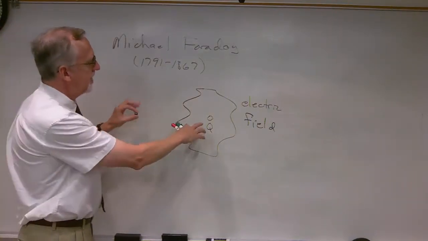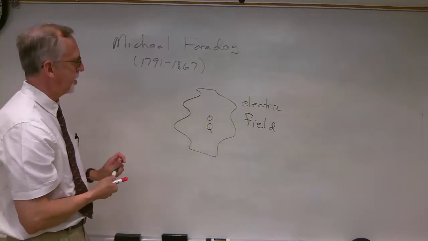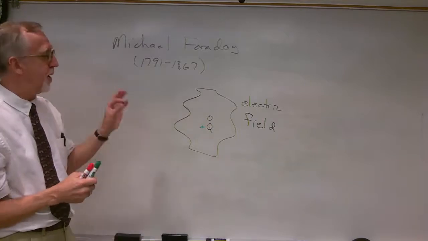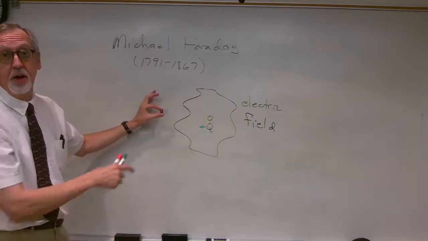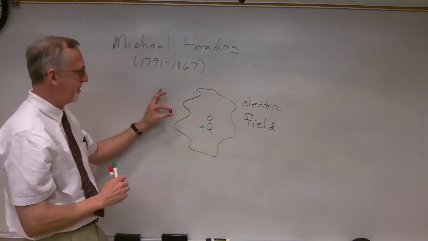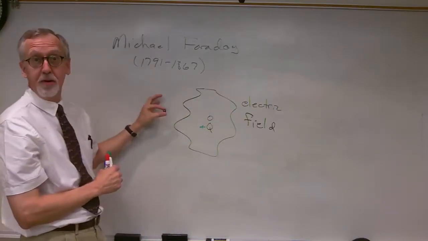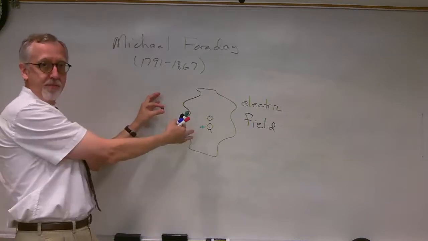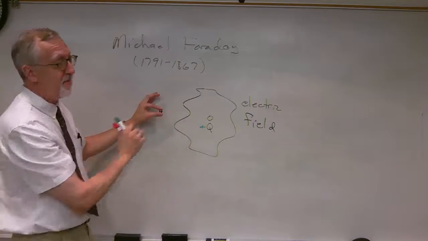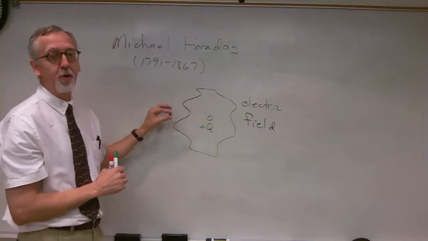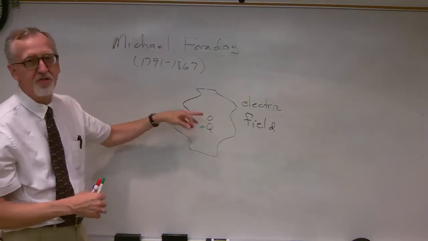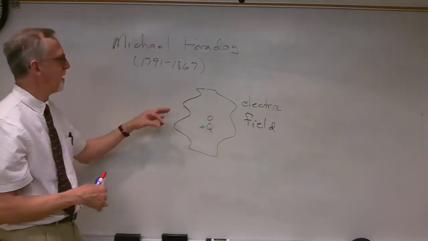So let's just say for the time being that Q is a positive charge, and we bring another positive charge in the field of this charge. This positive charge experiences that field as a repulsive force. It experiences the field by being pushed away from that charge. If this were a negative charge, this charge would experience that field as an attractive force. It would be pulled toward that charge.